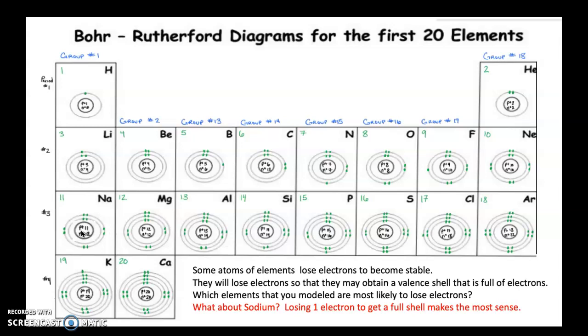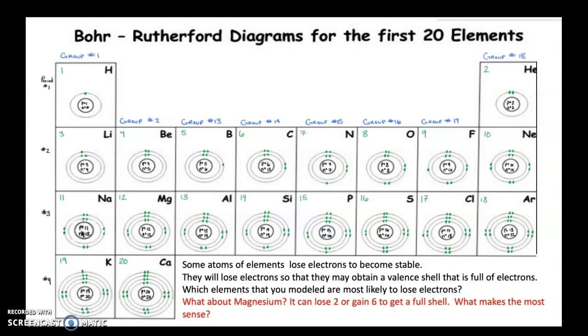Let's look at another element. What about magnesium? It can lose 2 or gain 6 to get a full shell. And what makes most sense? What's the simplest and easiest way to get a full shell?